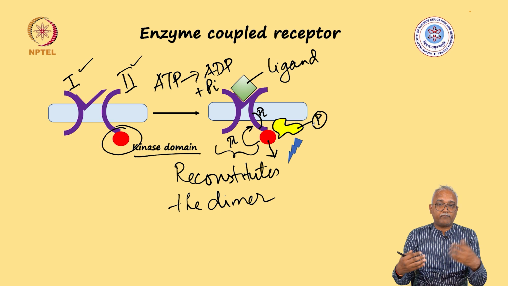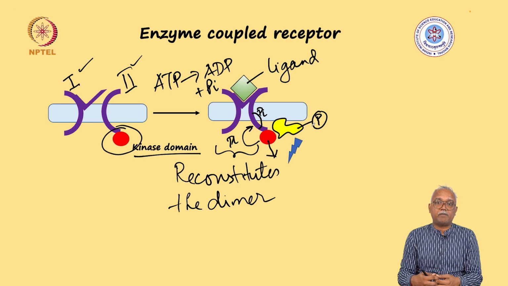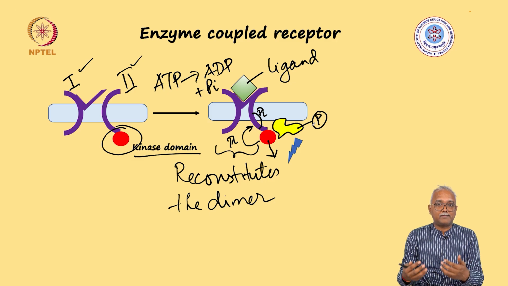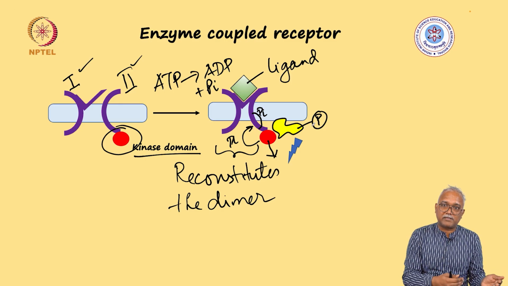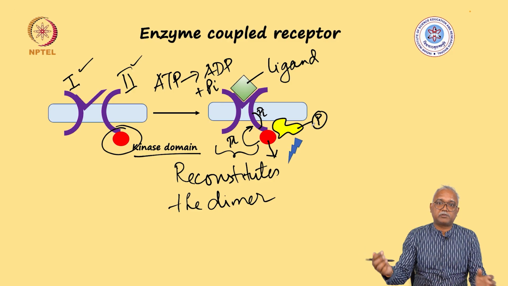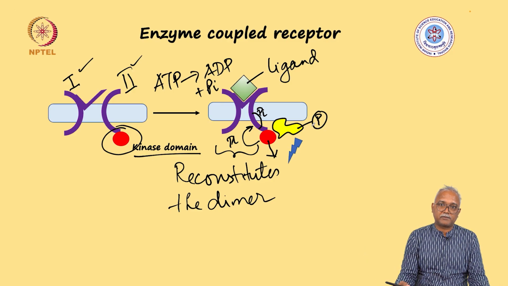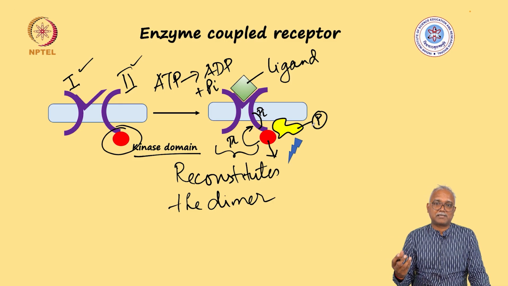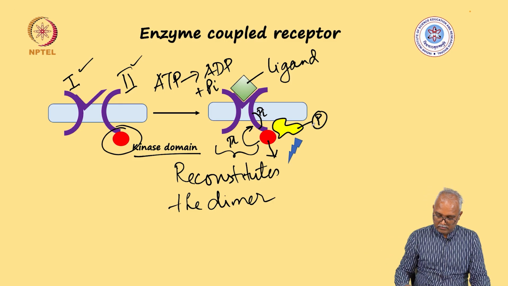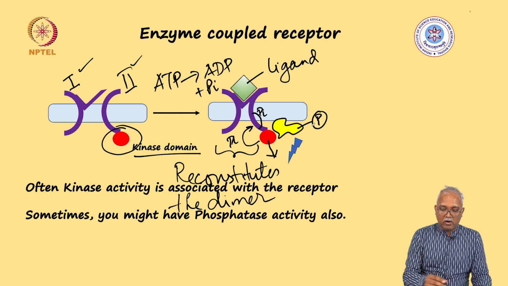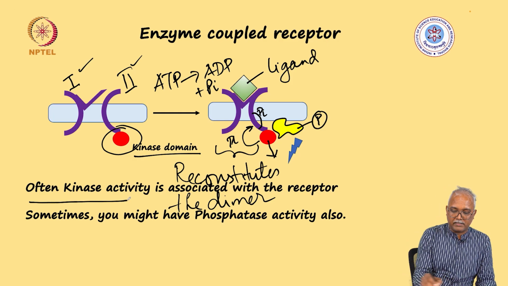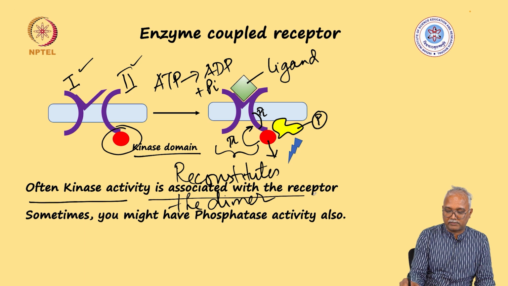Sometimes, like we discussed earlier, these could be a cytoskeletal protein which will get modified and then it will activate the system so that cells can migrate or move from one place to another, or make some projections which are coming out of the cell surface. Or it can be the enzymatic activity of a metabolic enzyme which is regulated. Now, like I said, often this activity is associated with the receptor.